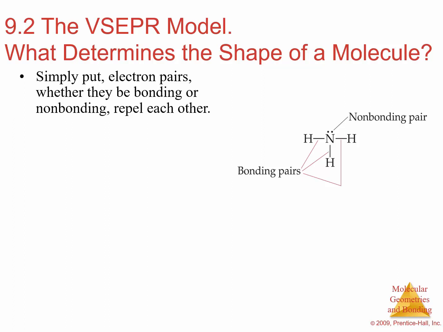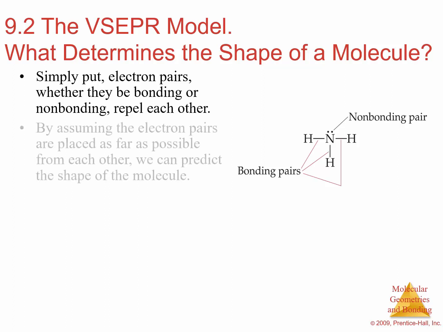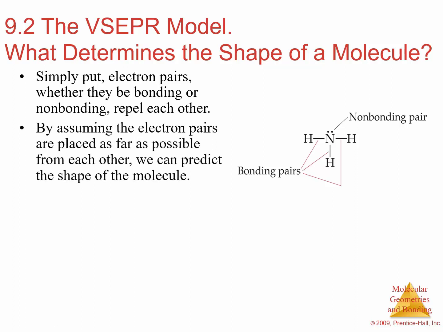Let's begin talking about the VSEPR model. What determines the shape of a molecule? Simply put, electron pairs, whether they are bonding or non-bonding, repel each other. You see here we have 3 bonding pairs and 1 non-bonding pair. By assuming the electron pairs are placed as far as possible from each other, we can predict the shape of the molecule.